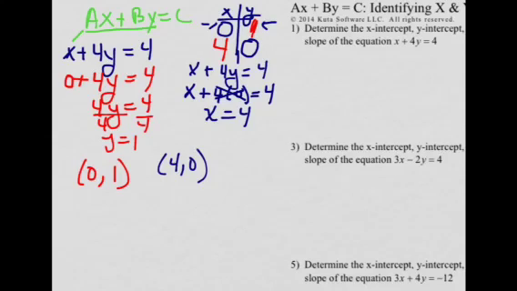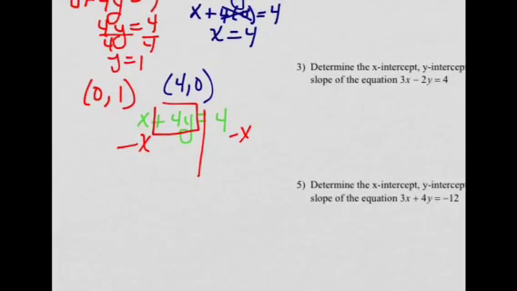Now we still need to find the slope. To get the slope, you can get that easily by once again taking the original equation, x plus 4y equals 4, and solving it for y. So we draw our street and subtract x, and that cancels, and we're left with 4y equals negative x plus 4.